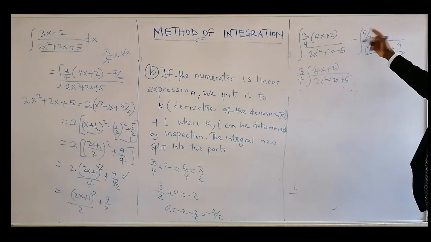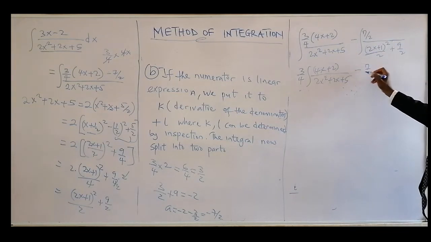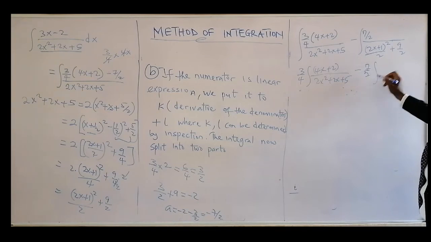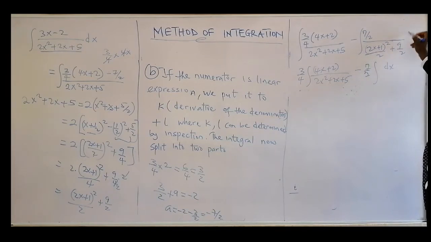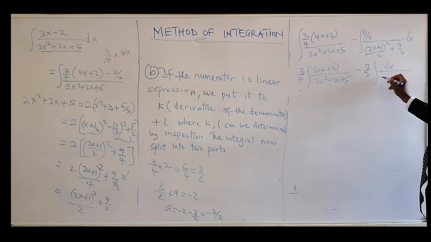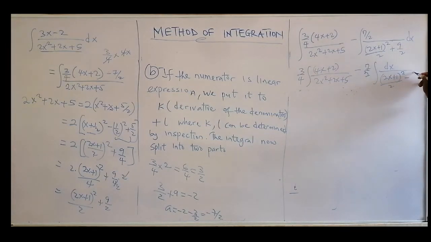And then this 7 over 2 can also come outside. Then integral of dx all over 2x plus 1 over 2, plus this one can be 3 over 2 all squared.